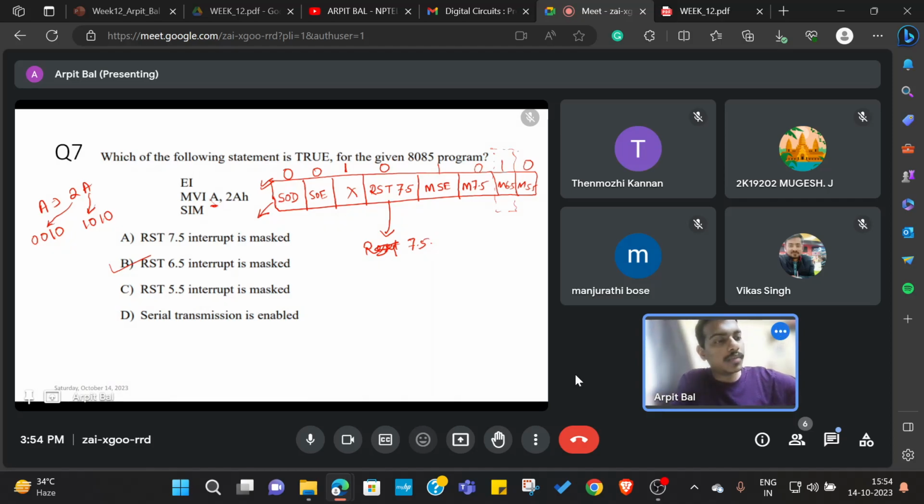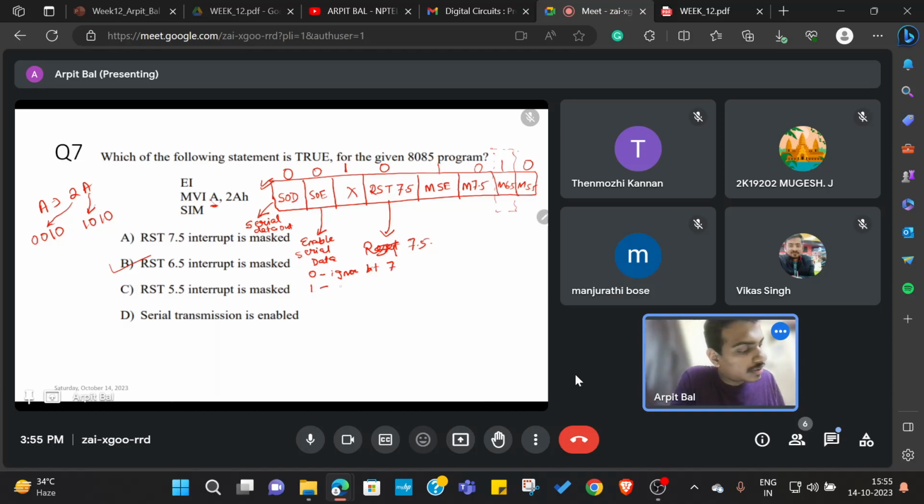Okay, so let me write down what it is. SOD is serial data out. SOE is enable serial data. If it is 0, then ignore bit 7.